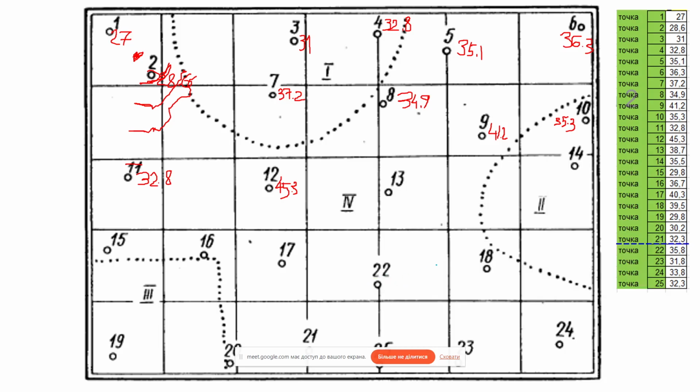Let's use another color. So the line 29, the line 30, contour line 31, and 32.